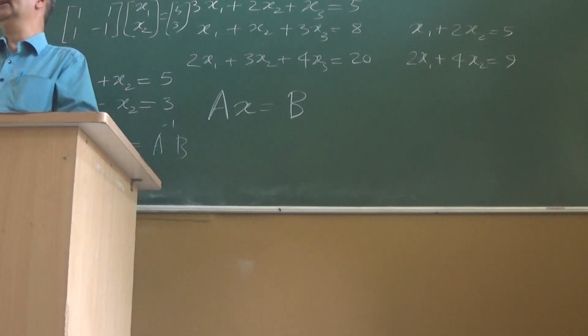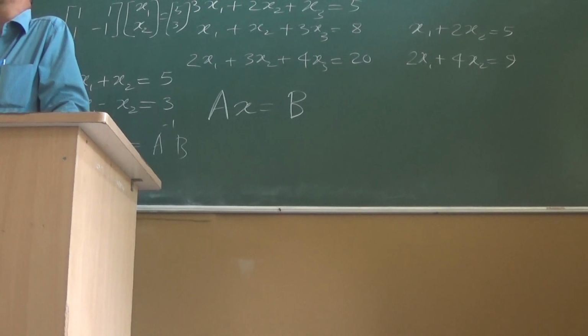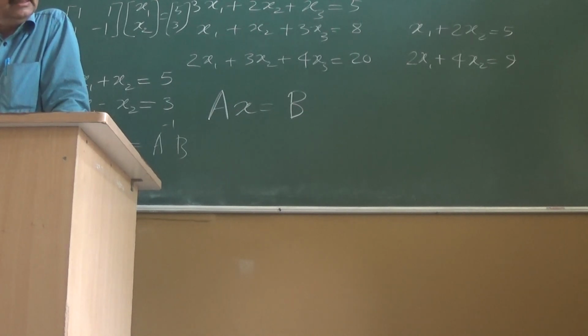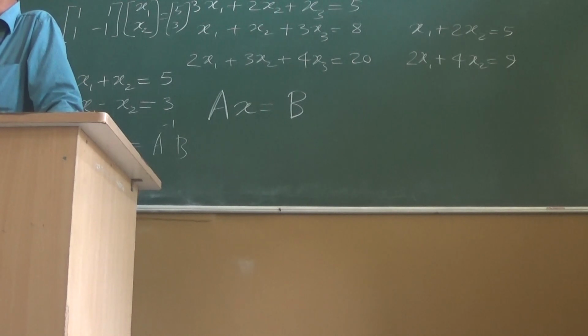A system of linear equations contains two things. Number one is the number of variables and number two is the number of equations.